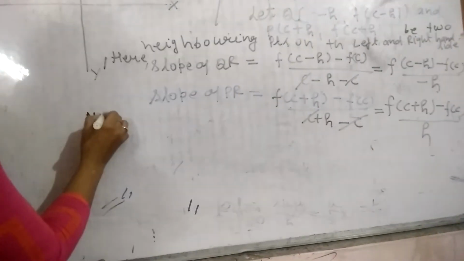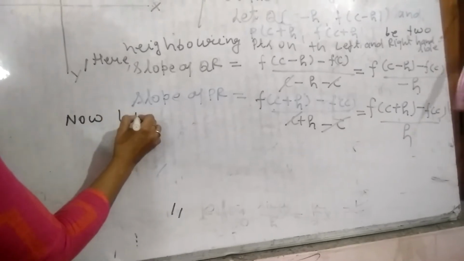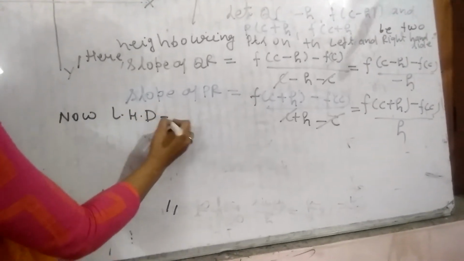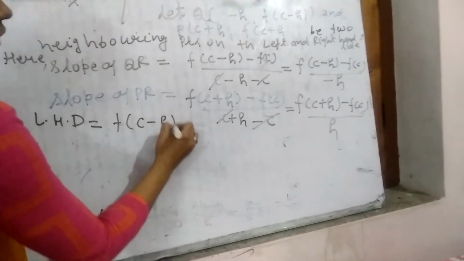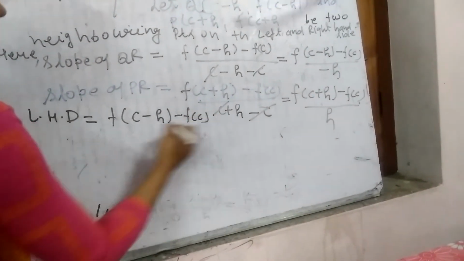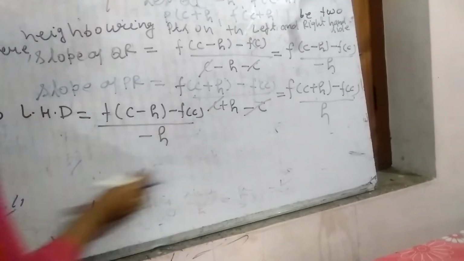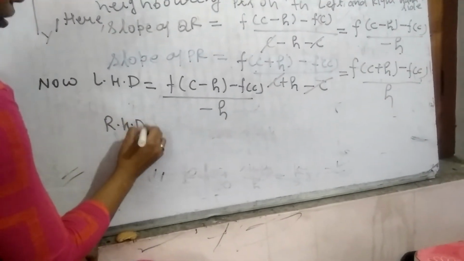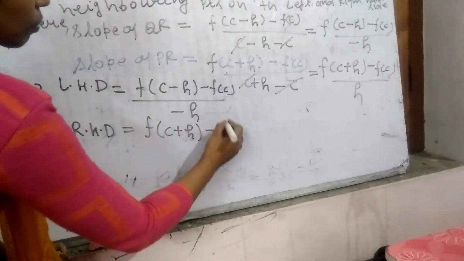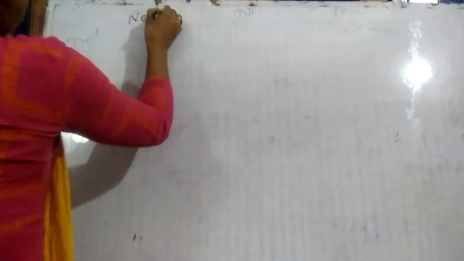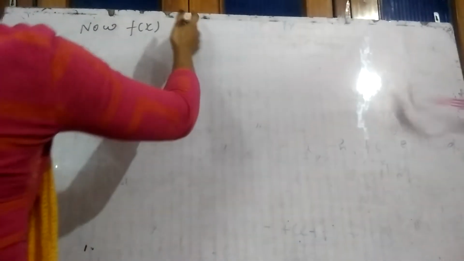Now the left hand derivative is equal to (f(c - h) - f(c)) upon (-h), and the right hand derivative is equal to (f(c + h) - f(c)) upon h.